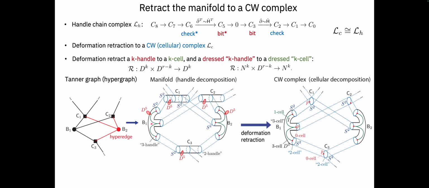Each dressed three handle now becomes a dressed three cell, and the two handle becomes a dressed two cell. The dressed two cell here is just composed of a single two cell, a sphere attached to a zero cell. And the dressed three cell also has a simple structure: you have the two cells and zero cells on its attaching region, and then there are additional one cells to connect these zero cells together.